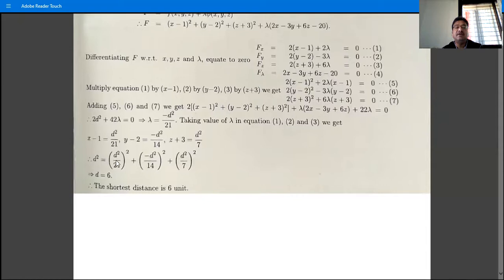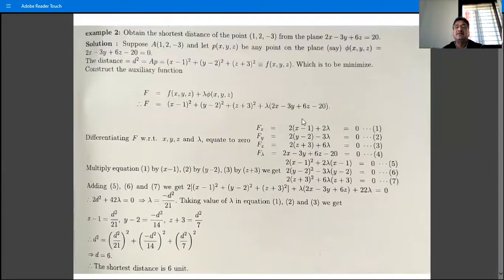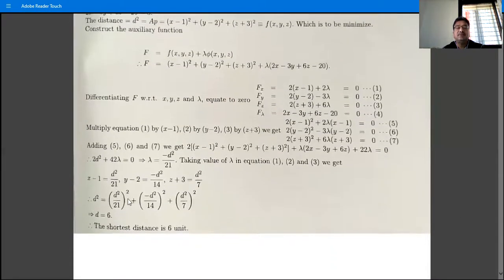And then what is d square? That is (x minus 1) square plus (y minus 2) square plus (z plus 3) square, bracket square, is equal to (d square by 21) bracket square, and the value of (x minus 1) square plus (y minus 2) square plus (z minus 3) square is actually d square.